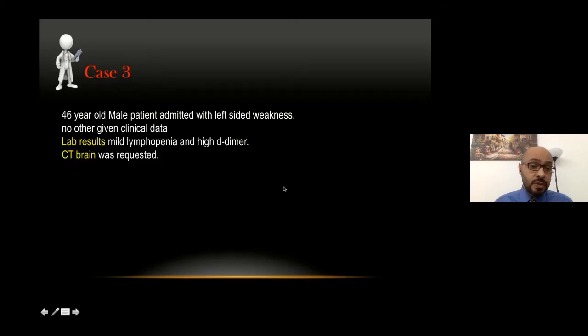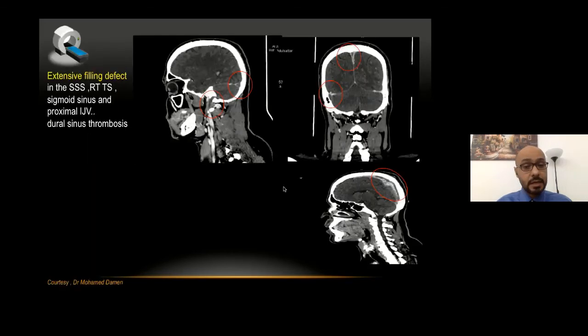The other case is a 46-year-old male patient admitted with left-sided weakness. No other clinical data was given, and the labs showed mild lymphopenia and high D-dimer. CT brain was requested with IV contrast, revealing a filling defect in the superior sagittal sinus and transverse sinus, extending into the sigmoid and also the proximal part of the internal jugular vein, denoting cerebral venous thrombosis.